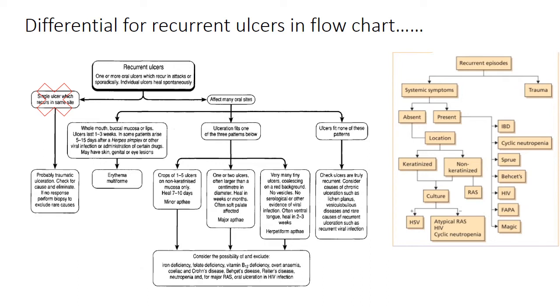As we all know, the minor aphthae generally manifest in the non-keratinized mucosa, generally around 5 ulcers in number, and the diameter of the ulcer is roughly about 5 millimeters, 5 to 7, not more than that.